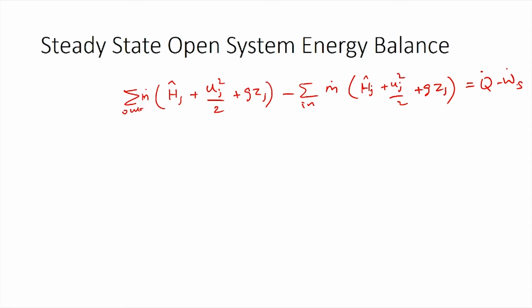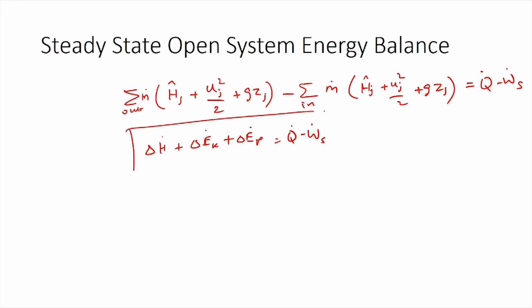So, from here we can simplify this equation as delta H dot plus delta E k dot plus delta E p dot equals q dot minus w s dot. So, this is your equation for energy balances in an open system.